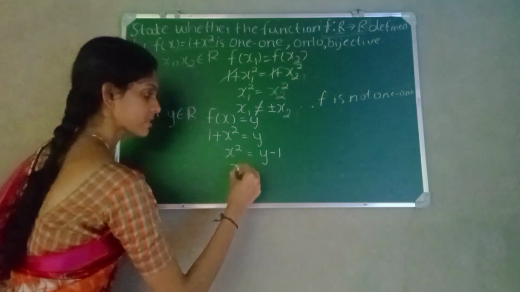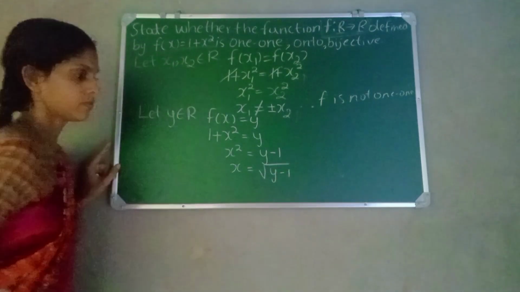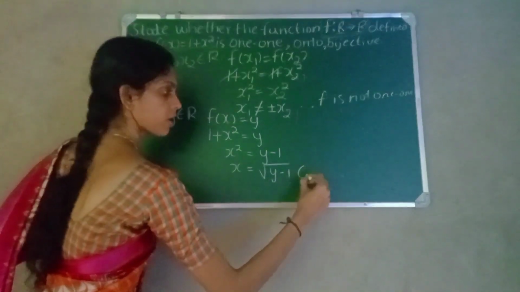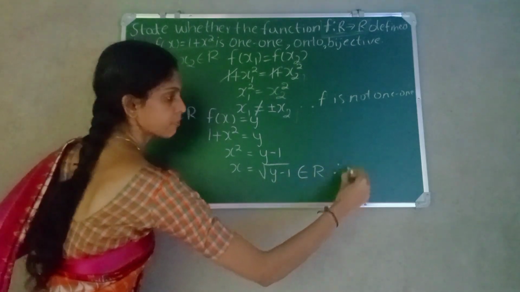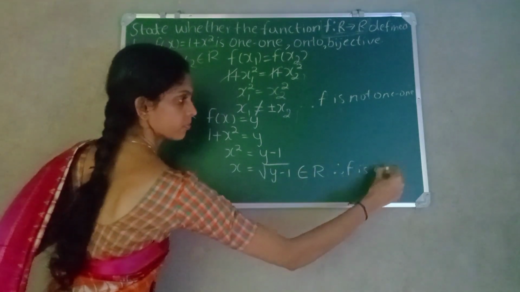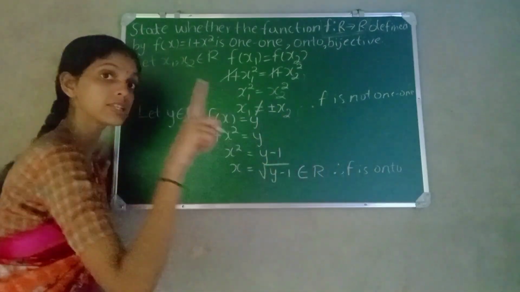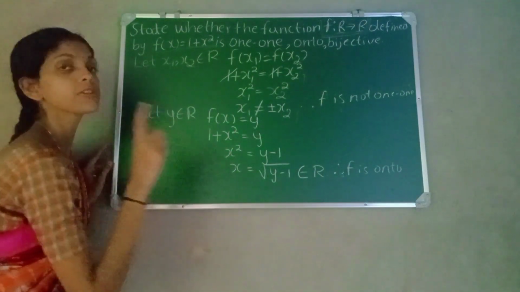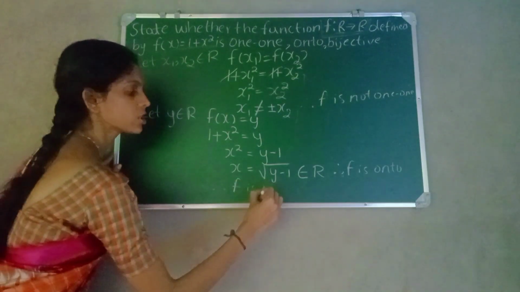So x is equal to root of y minus 1, which belongs to R. Therefore f is onto. Here f is not 1-1 but f is onto. Therefore f is not bijective.